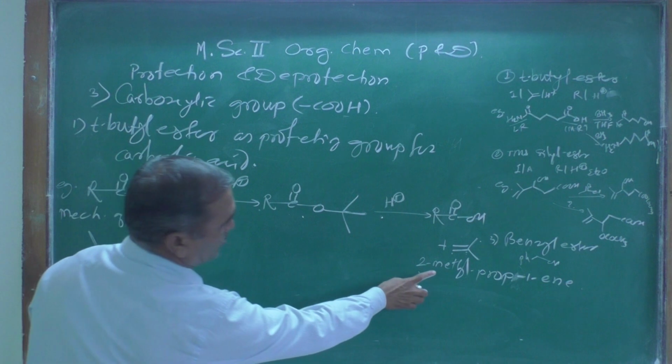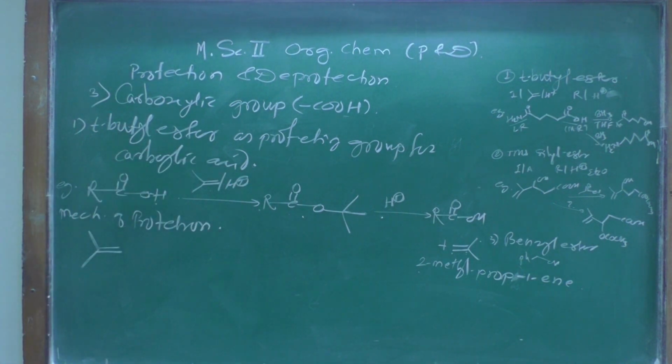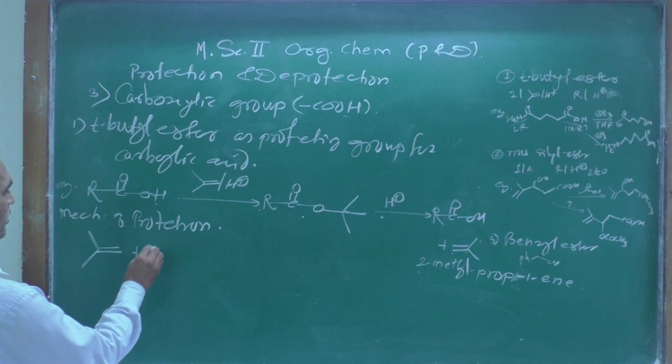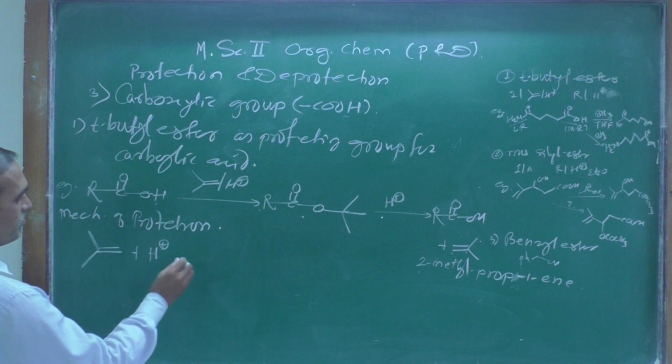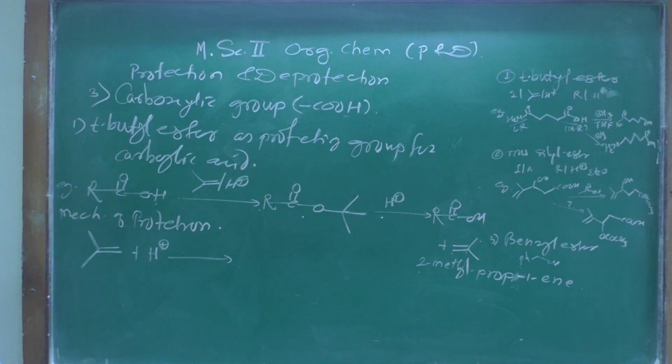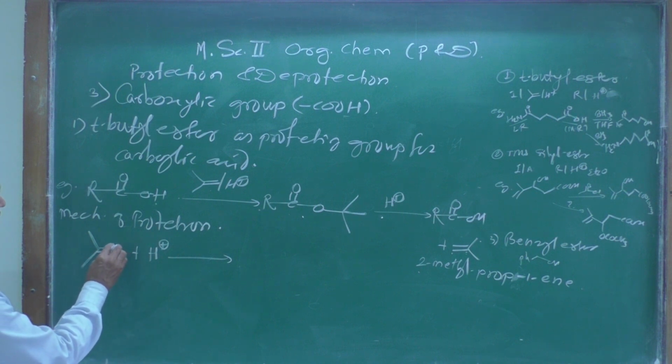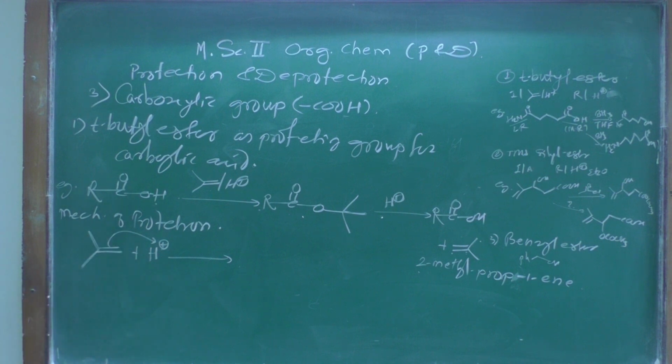The name of this compound is 2-methylprop-1-ene, or we can call it 2-methylpropene, and then that will be treated with H plus. In this carbon-carbon double bond, as we know, it is nucleophilic in nature, and H plus is acting as an electrophile. This nucleophile attacks that H plus.